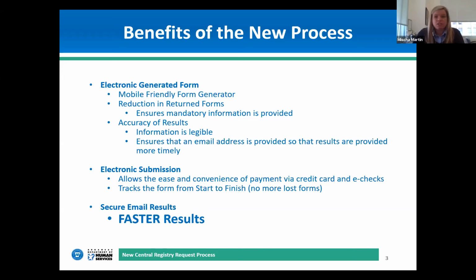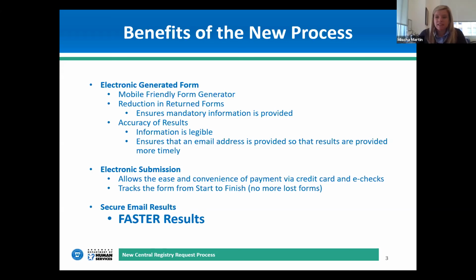So again, I want to tell you the benefits of why this is much better than snail mail. You're going to have the electronic form generator that I'm going to show you how to use. It's mobile friendly. So if you're just using an iPhone, or if your employee wants to fill this out on their iPhone or their smartphone, it's easy to use. In fact, I think it's easier to use on a smartphone than on a computer.